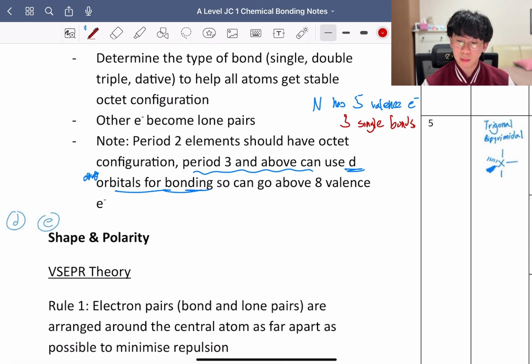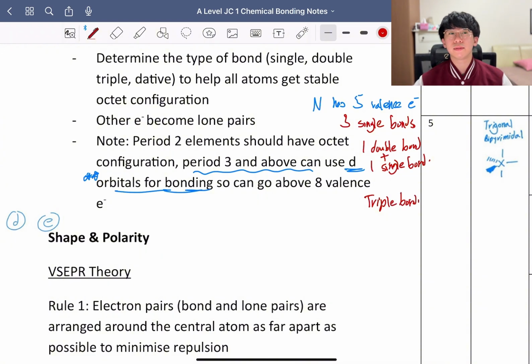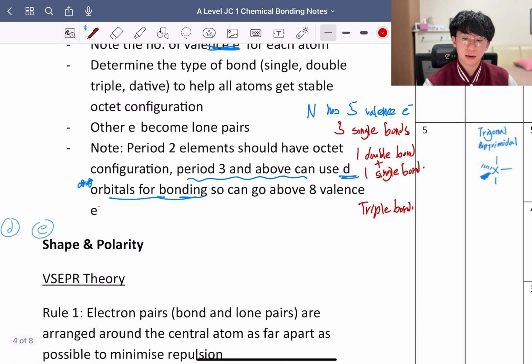Or it needs 1 double bond plus 1 single bond. Or it needs a triple bond, right? So you'll go around and figure this all out. And of course, the rest of the electrons are lone pairs.